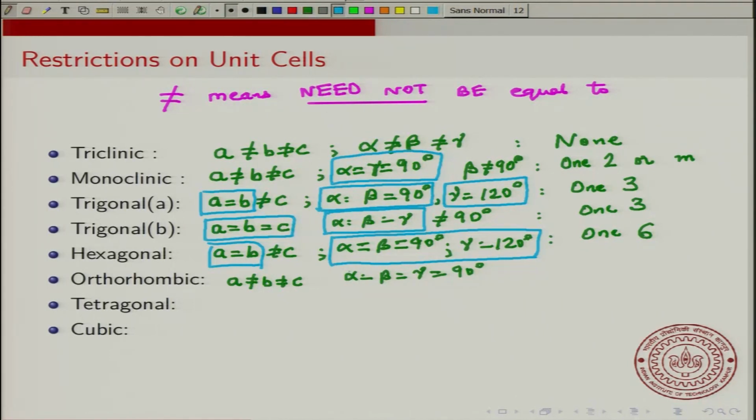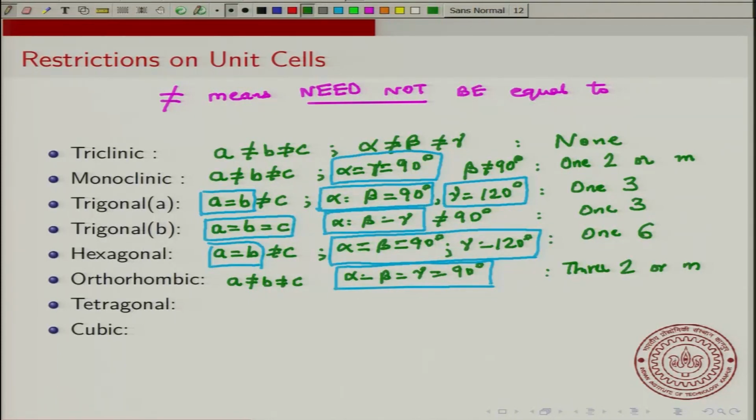So the restriction is that alpha, beta and gamma should all be 90 degrees, and this has an essential symmetry. Because alpha, beta, gamma are all 90 degrees, the essential symmetry here is 3. So it should have not 1, but it should have 3 2-fold axes or M. So 3 2-fold axes or 3 mirror planes.